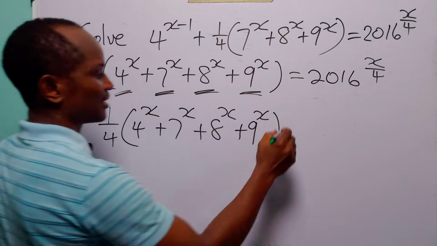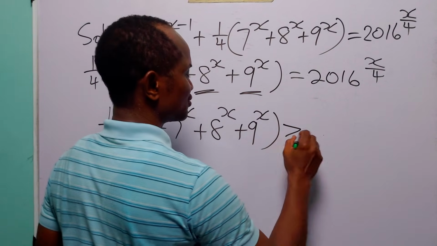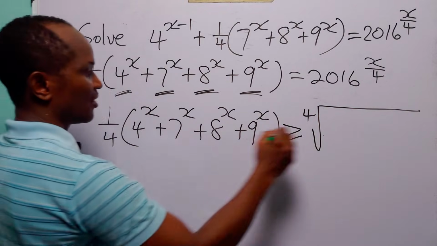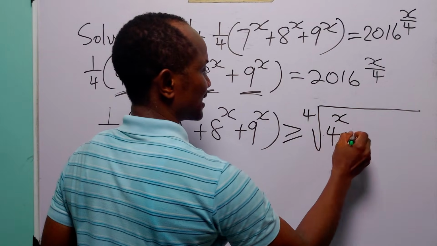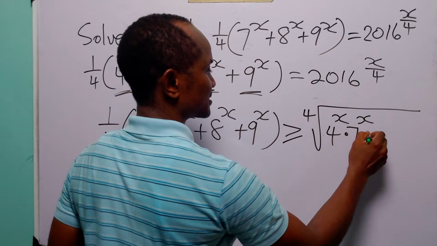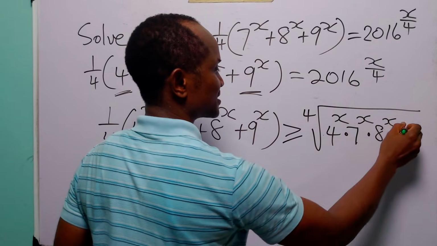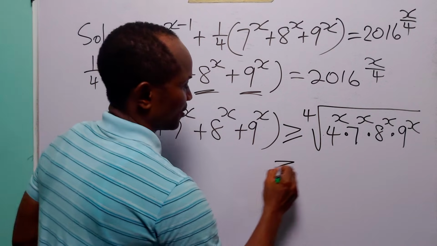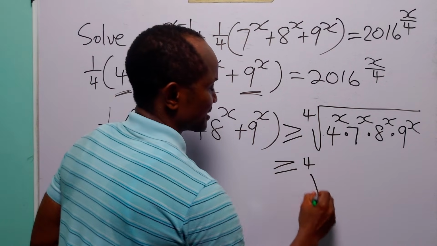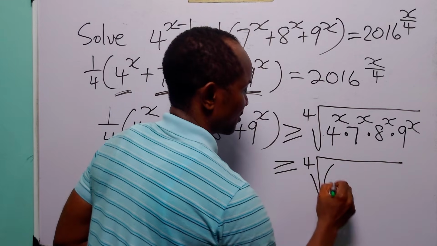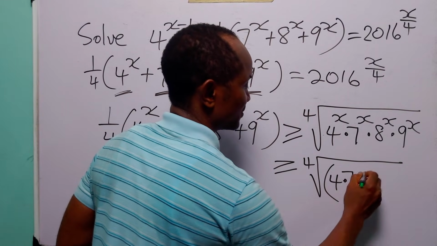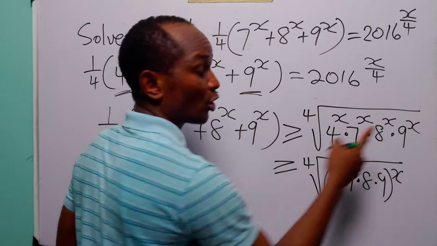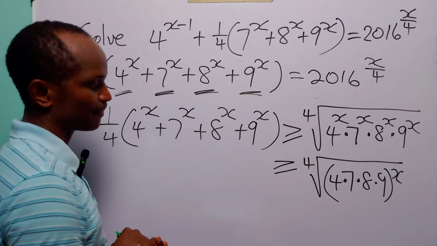And the geometric mean, of course, is going to be the fourth root of 4 to the power x times 7 to the power x times 8 to the power x times 9 to the power x. Now, this can be simplified as 4 times 7 times 8 times 9 to the power x, since all four numbers have the same power.